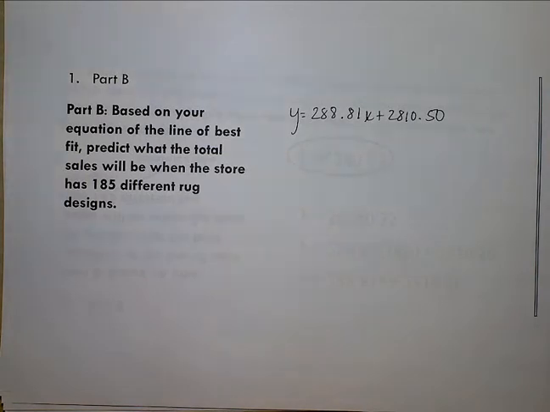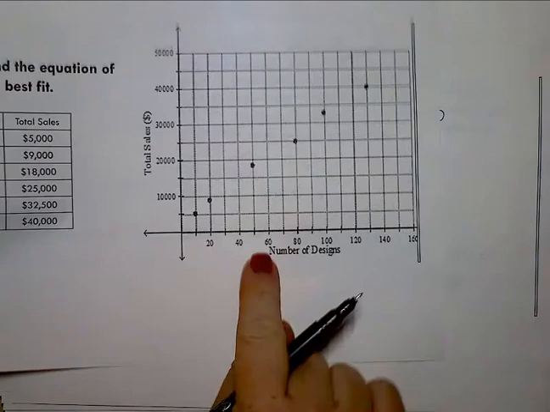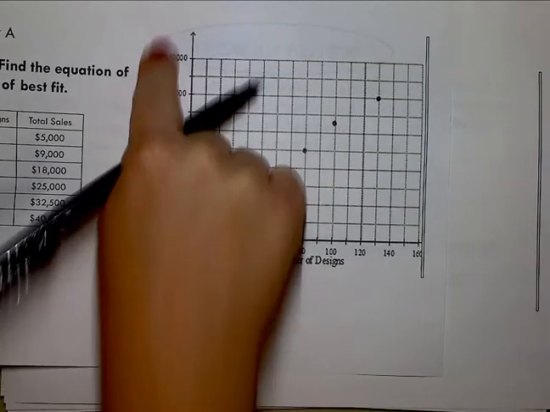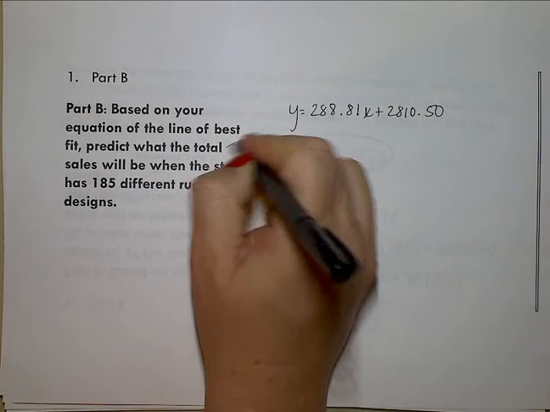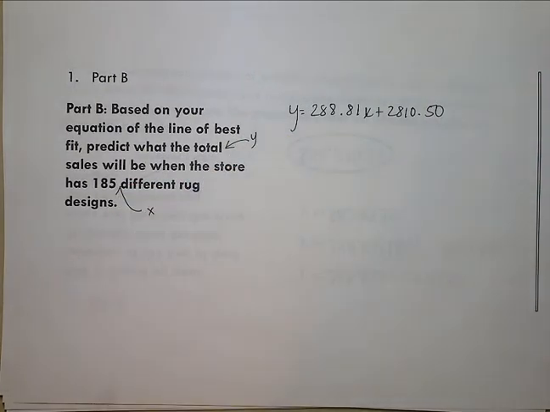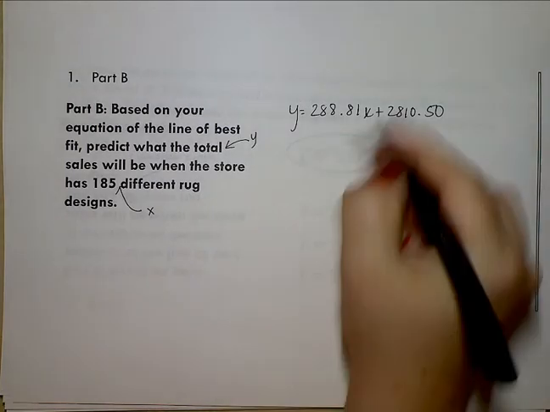So if you remember from looking, rug designs is an X value, total sales is a Y value. So we want to know total sales. We want to find out what Y is, and we're given what X is. So I'm going to substitute in for X, 185.